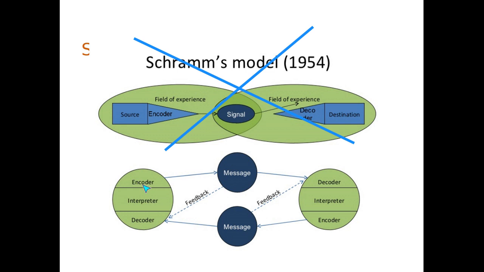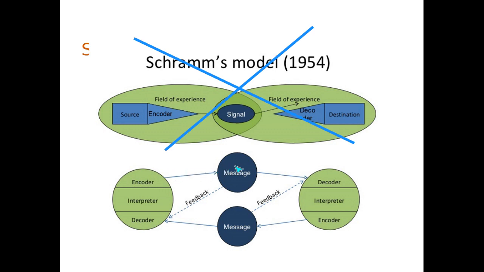So putting messages into symbols, and the most common symbol we use is words. So when you encode a message, you take your thoughts and you put them into words, for example. So you encode your thoughts into symbols that will then be sent.